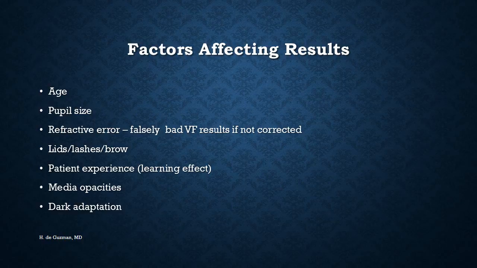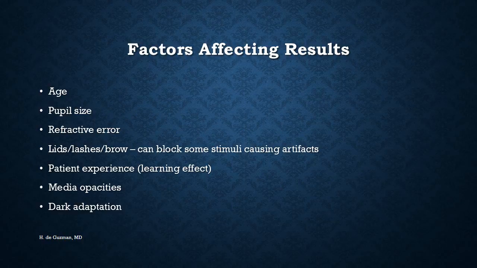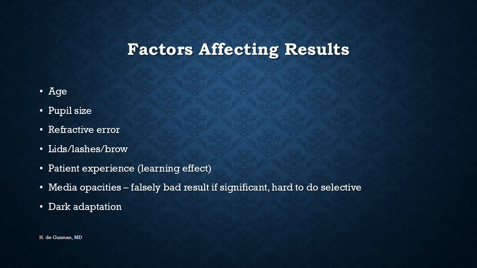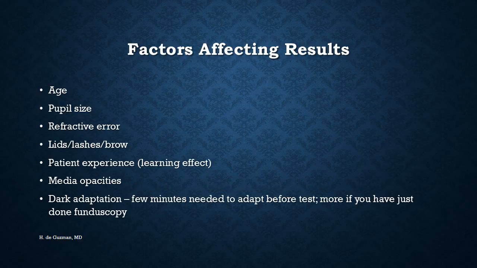Refractive error, lids, lashes, or brow, or the facial contours of the patient. Patient experience can have a very big effect on the perimetry results. Media opacities. Dark adaptation can also affect the test, but usually this isn't much of an issue.